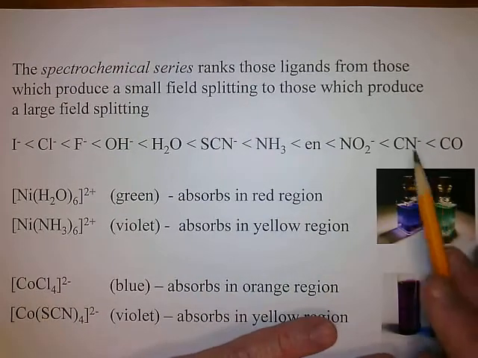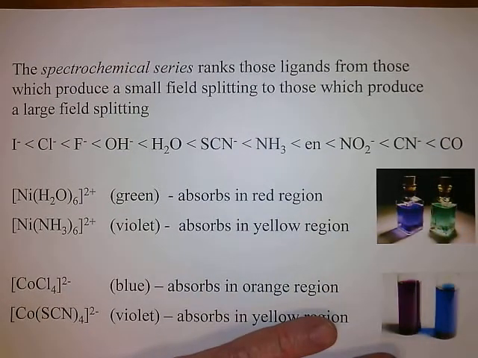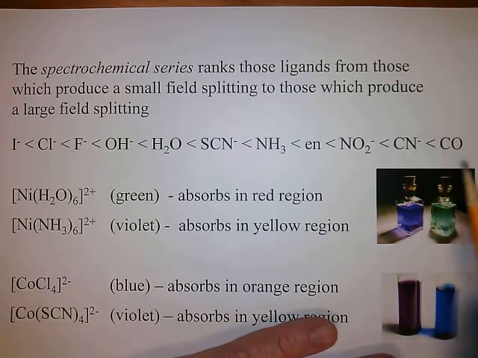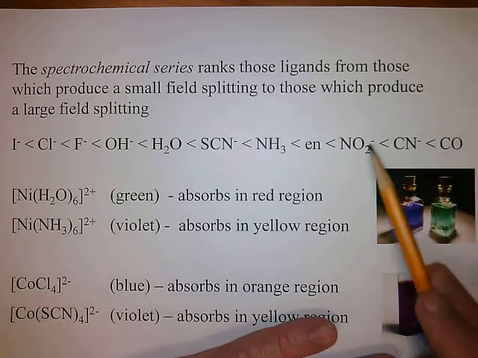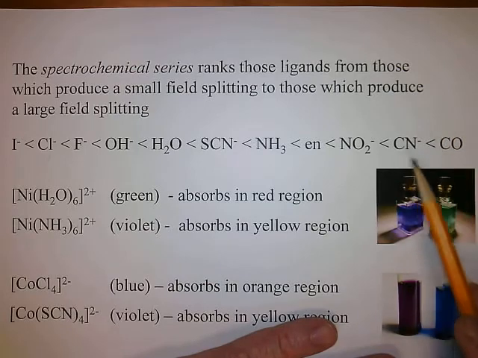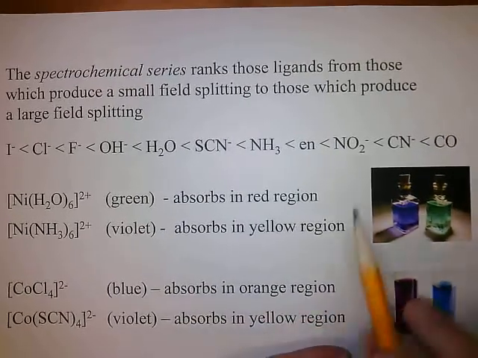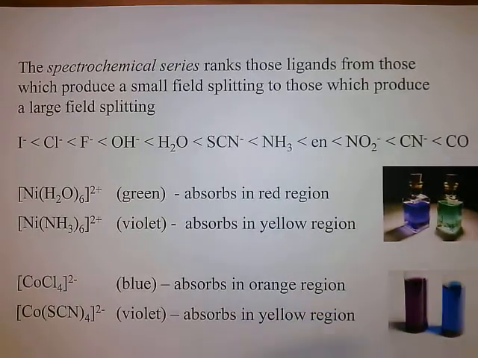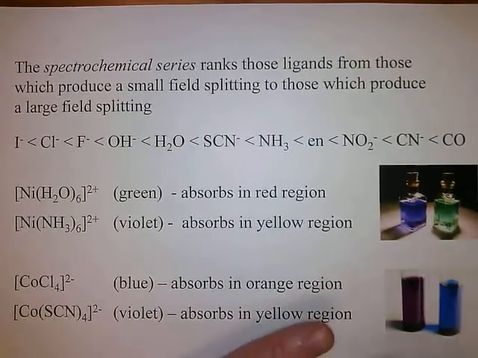And then on the very end we have cyanide and carbon monoxide, which both produce very big field splittings. There's a reason for that: cyanide and carbon monoxide, when they bind the metals, typically form very, very strong bonds. That's sort of another topic of discussion.